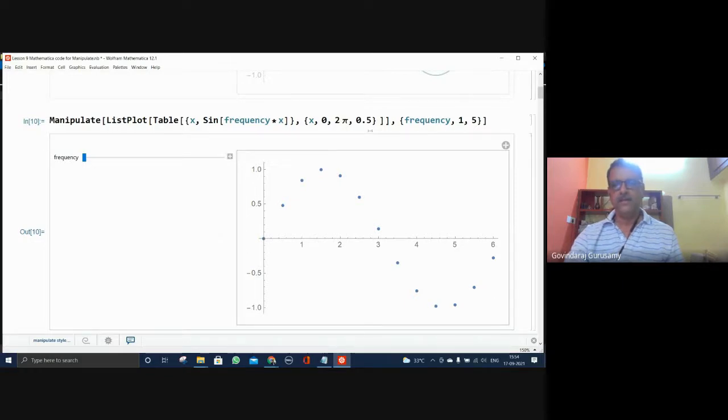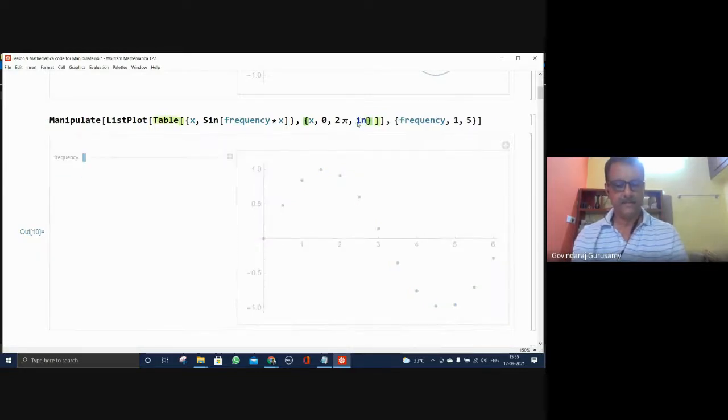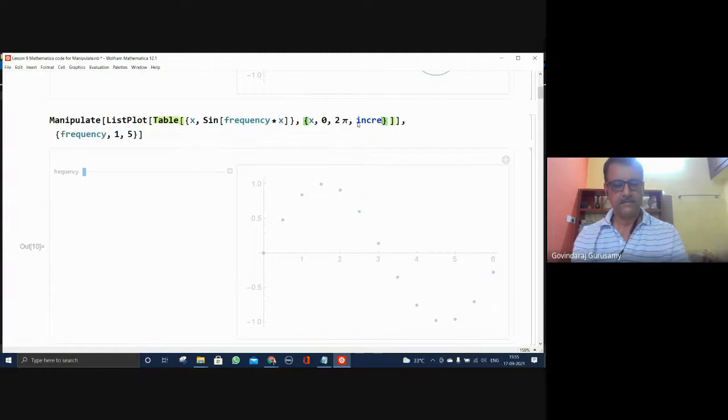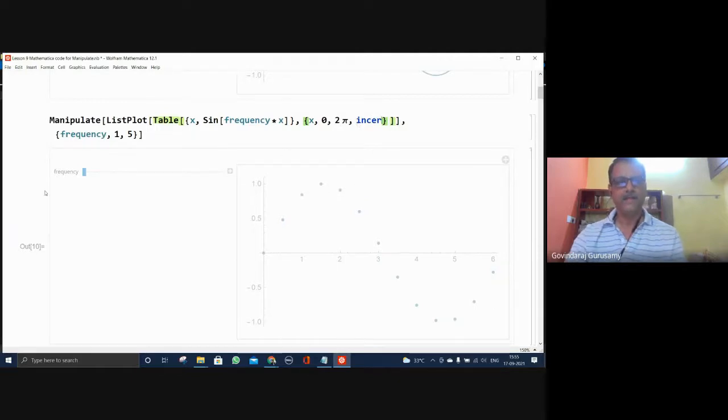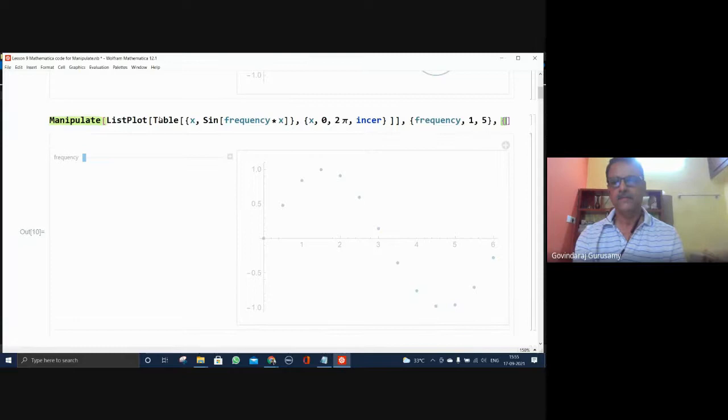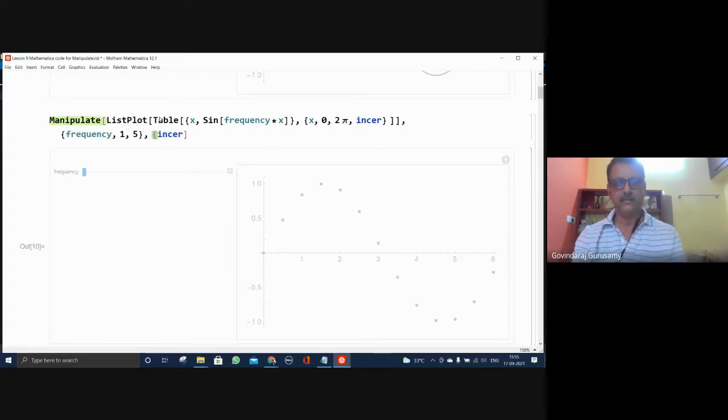Then you have a frequency 1,5 and the data points. If I want to make it an increment, I'll write it as INCR, increment. That increment can be made as a manipulate variable. How do I increment? Any name you can give it.